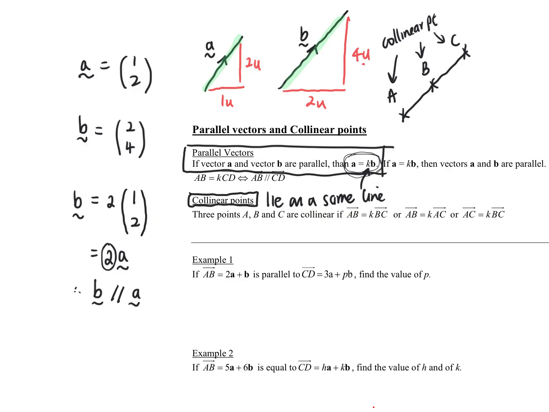That means AB is parallel to BC is parallel to AC. Can you see that? That's why I can write them to be ratios of each other. So these 2 paragraphs are just telling you these things that I'm telling you now.